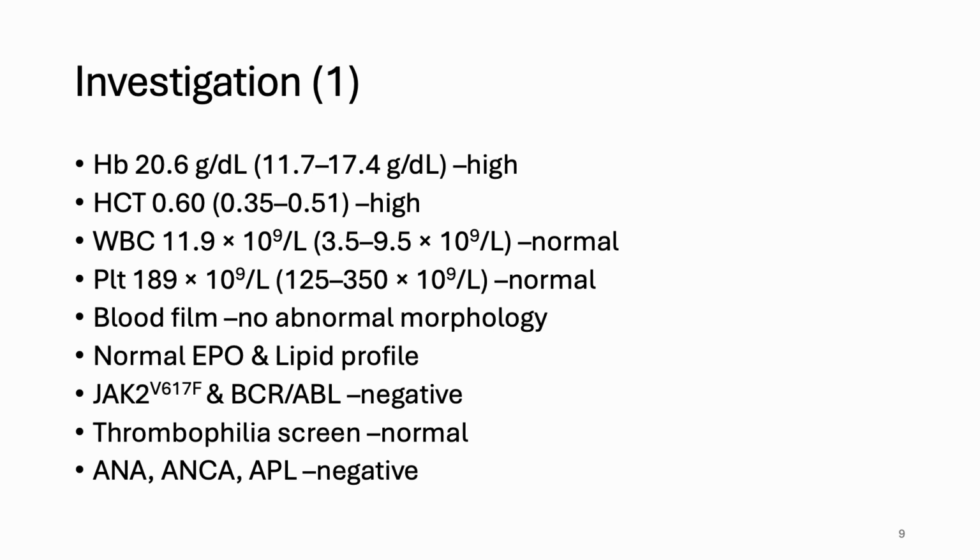With regards to the polycythemia, he has a normal erythropoietin and there's no gene mutations. With regards to stroke, the thrombophilia screen was normal and he has no features of autoimmune or connective tissue disease, with a negative anti-nuclear antibody, anti-neutrophil cytoplasmic antibody, and antiphospholipid antibody.